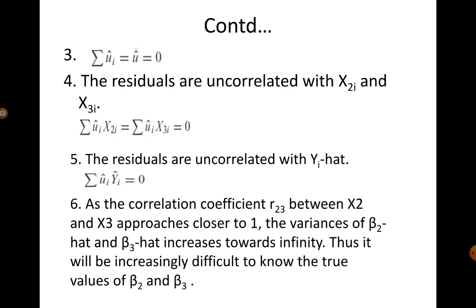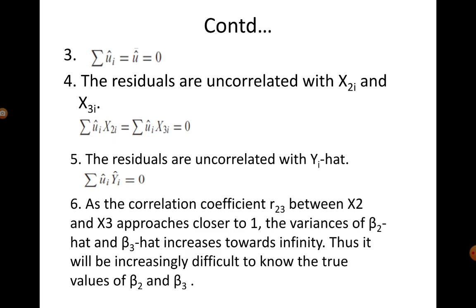Similarly, the fifth property is that the residuals ui hats are uncorrelated with yi hat. Intuitively, now that we have discussed so much, we can say that we know ui is the residual term that captures all the remaining influences on y which are not systematic, which are very random in nature.